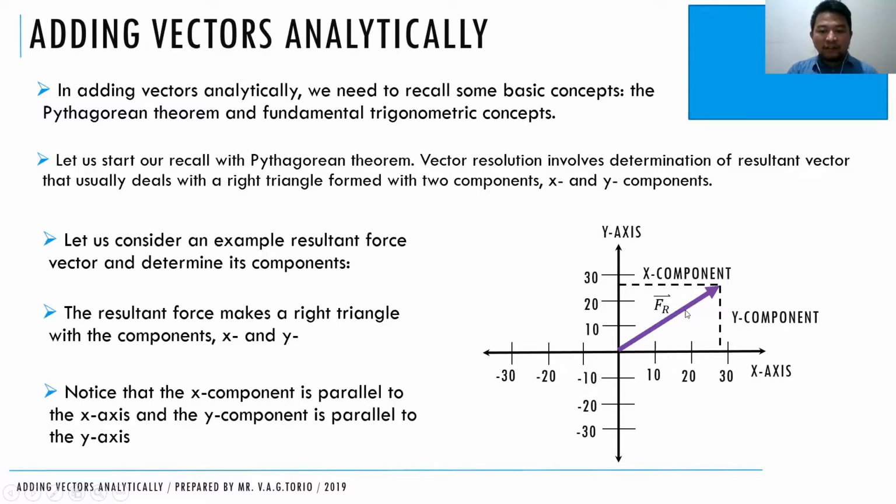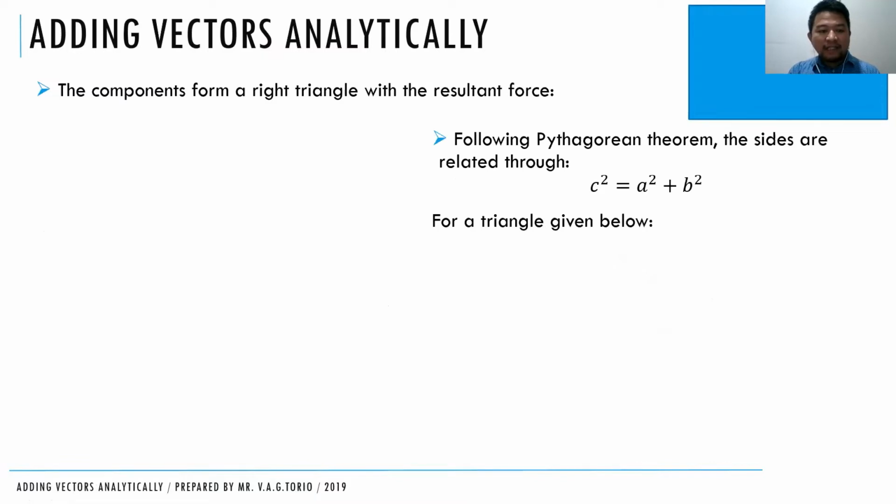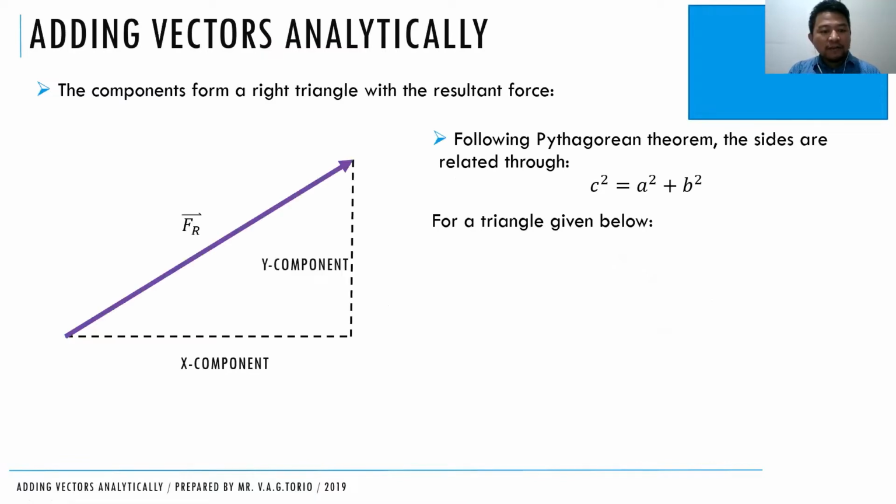So what you'd see on the screen as an example showcases a vector that's projected along the x and y axis. Now, the example that we have seen in the previous slide follows the relationship for the Pythagorean theorem. This particular triangle is a right triangle, although it's not labeled.